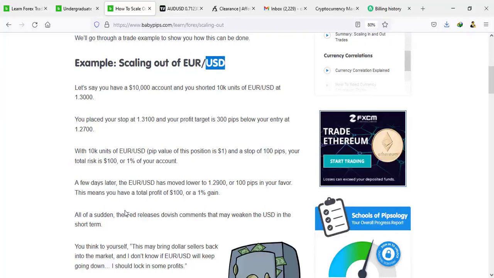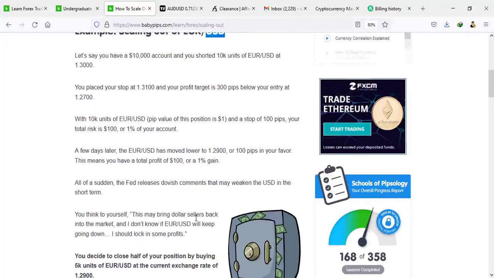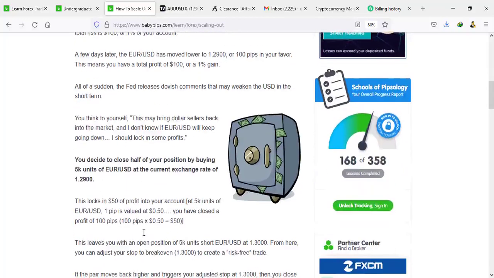So you say to yourself, okay, this may bring some sellers back into the market. I don't know if Euro USD will keep going down. I should lock in some profit. So you decide to close half of your position by buying 5k units of Euro USD at the exchange rate of 1.2900.